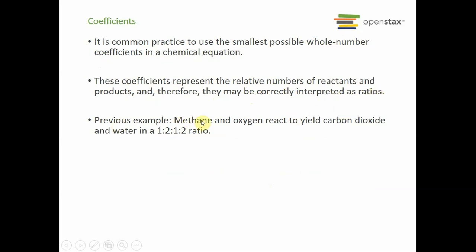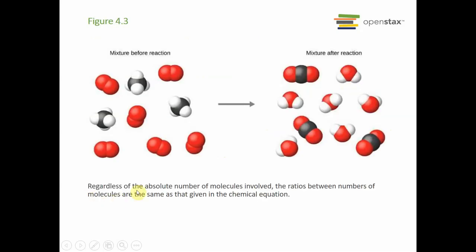In the previous example, methane and oxygen react to yield carbon dioxide and water in a 1 to 2 to 1 to 2 ratio. Regardless of the absolute number of molecules involved, the ratios between the numbers of molecules are the same as that given in the chemical equation.